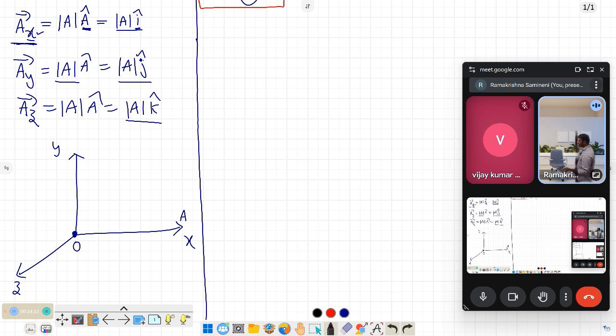If the same person walks towards z, how do we write the vector?